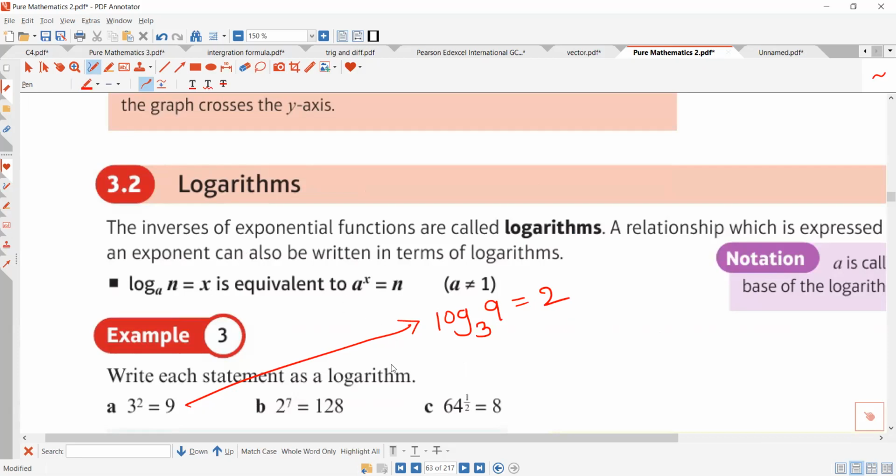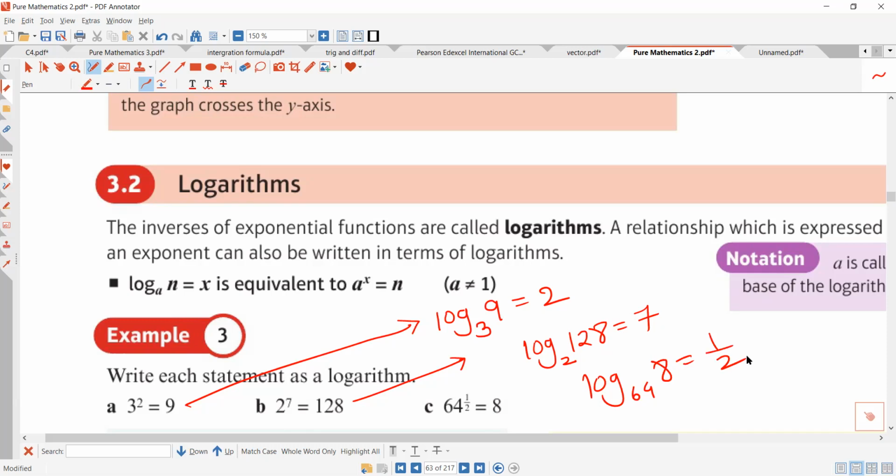Okay. What about this one? Log to the base 2, 128 is equal to 7. And this one? Log to the base 64, 8 is equal to half.